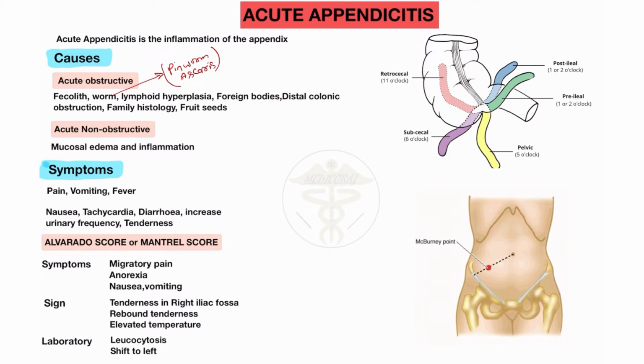What are the non-obstructive causes? Non-obstructive causes are like mucosal edema and inflammation. How does this occur? Mucosal edema and inflammation mostly occur due to viral or bacterial infection.